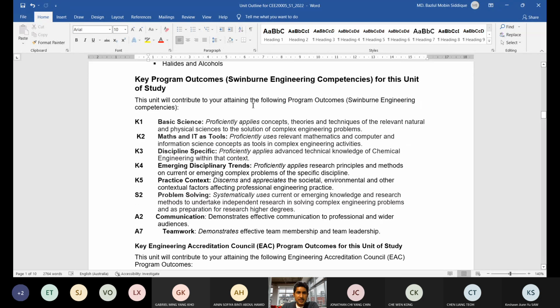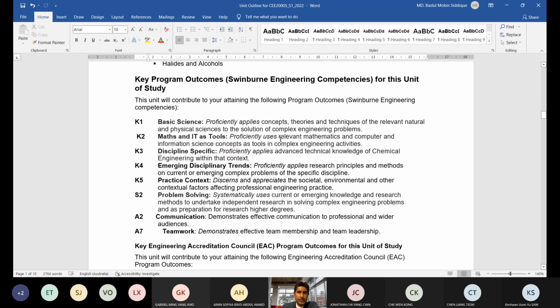You know that Swinburne engineering competencies that we follow, the basic science, maths, are to prepare our students to be ready for the accreditation and to prepare a better engineer, to be accredited with Engineers Australia and the Board of Engineers Malaysia. So there are a few conditions that we have to fulfill, and we have to go by these clauses.